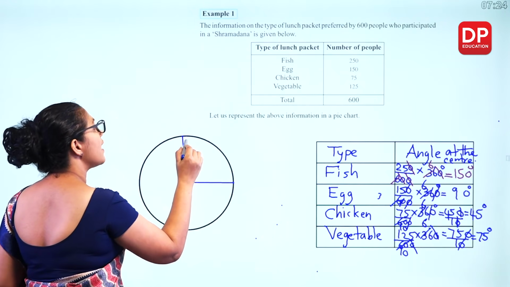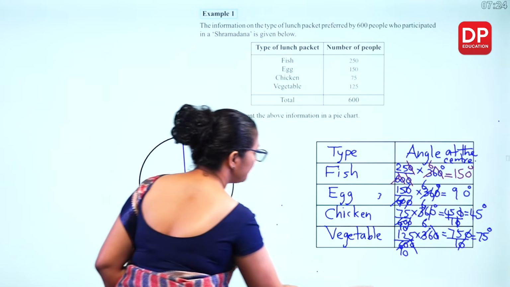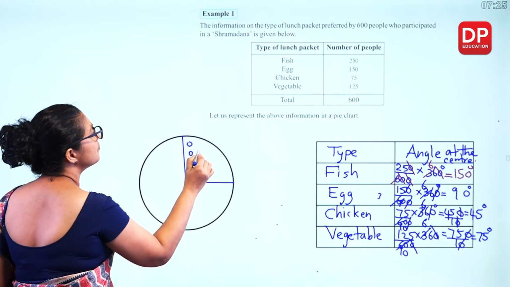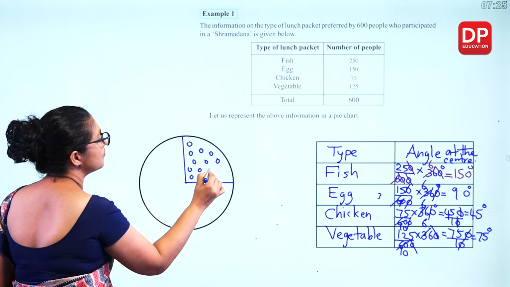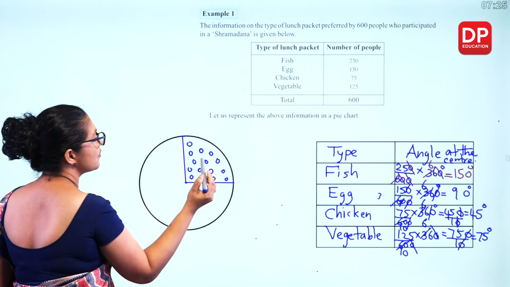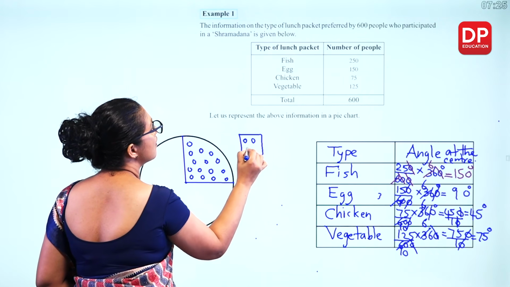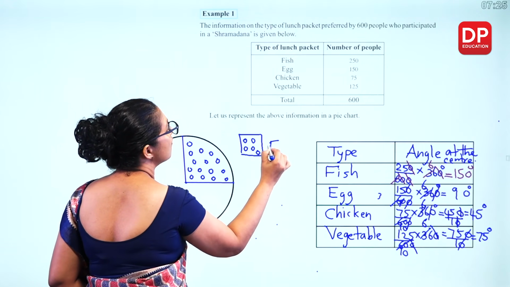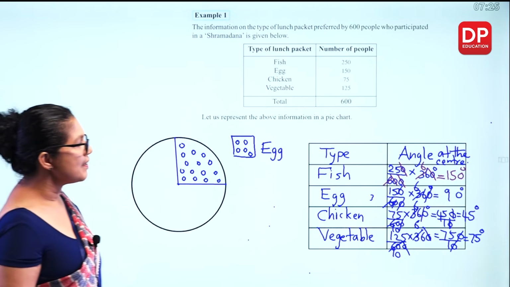So here I can use any symbol. I'll put circles. So that's eggs. Now we'll look at the other one.